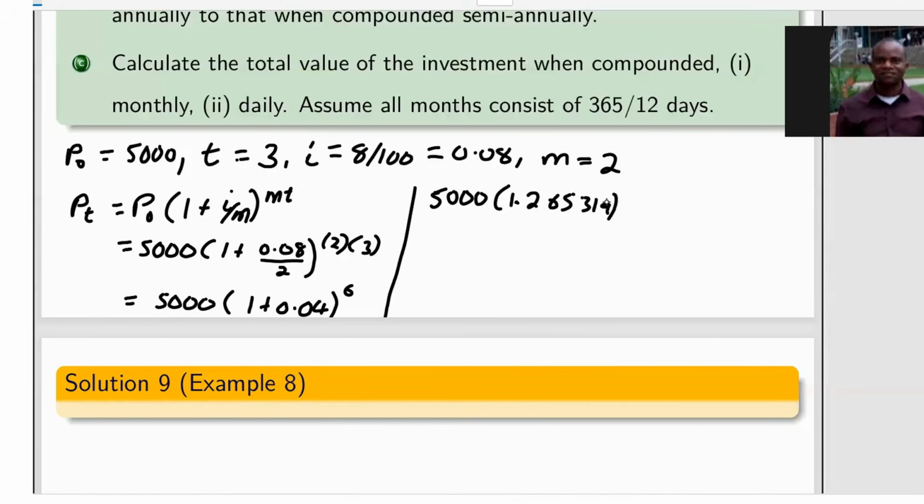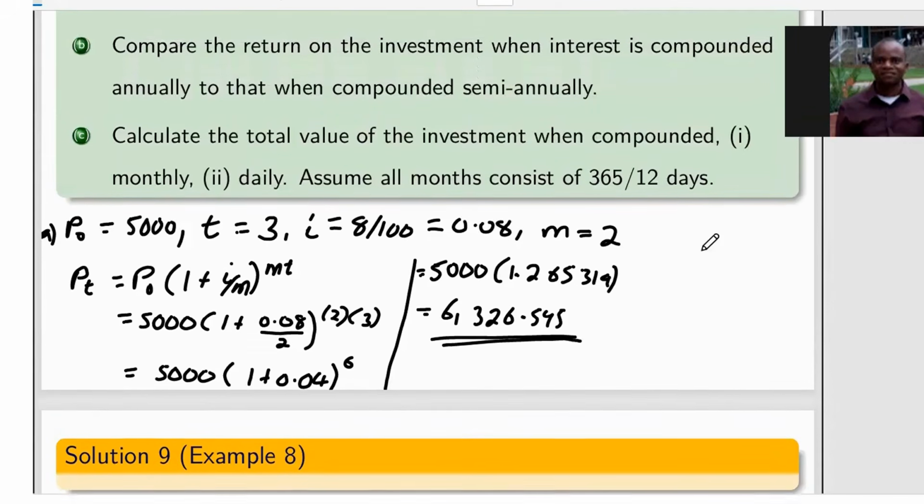And when you multiply by 5,000 there, you're going to get 6,326.595. So this is the amount that is obtained when 5,000 is invested for 3 years, compounded semi-annually. Okay, so this is what we get. This is part A of the question.